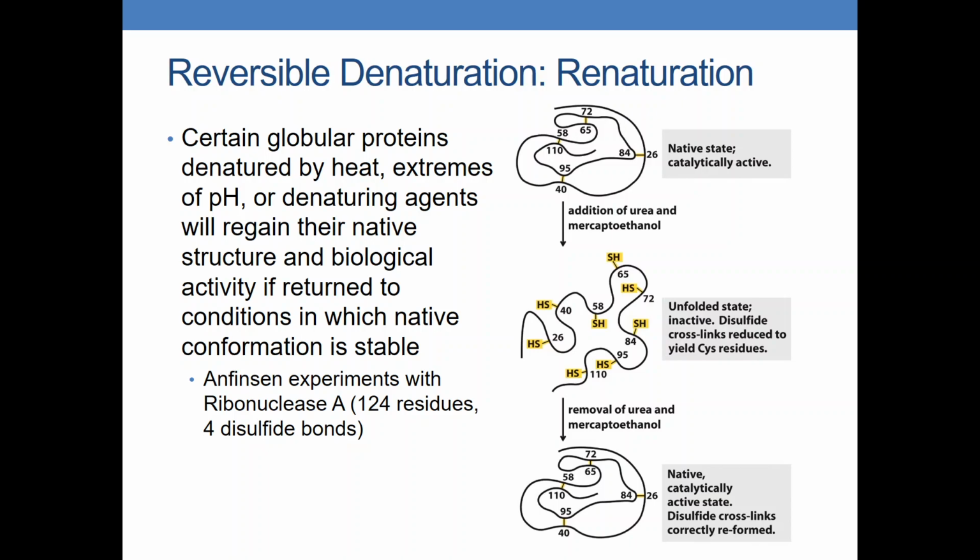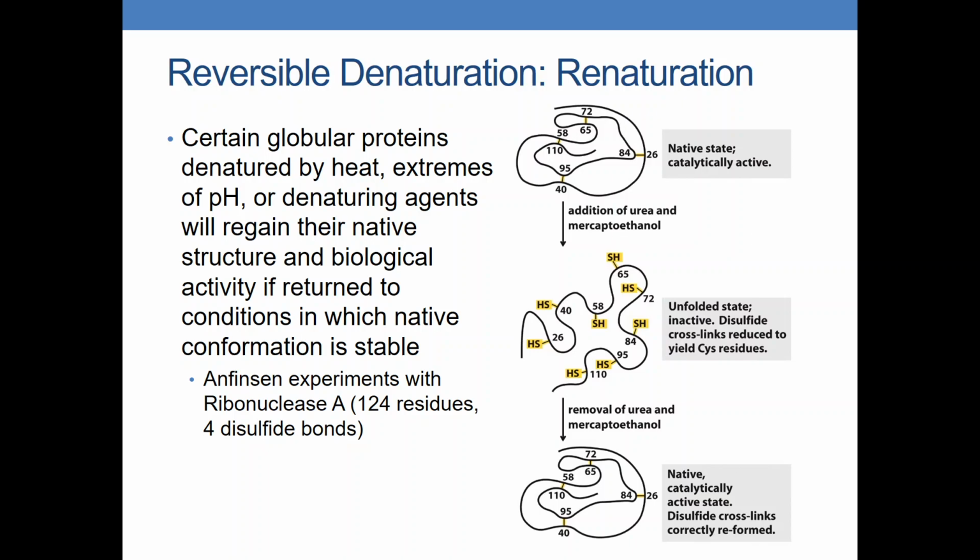Well, this has been shown in early experiments done by Christian Anfinsen. He did work with the enzyme ribonuclease A, which is 124 amino acids long. It also has 4 disulfide bonds. The native state is schematically represented here. You'll see 1, 2, 3, and 4 different disulfide bonds. In his experiment, he introduced the chaotrope urea. He also added in mercaptoethanol.